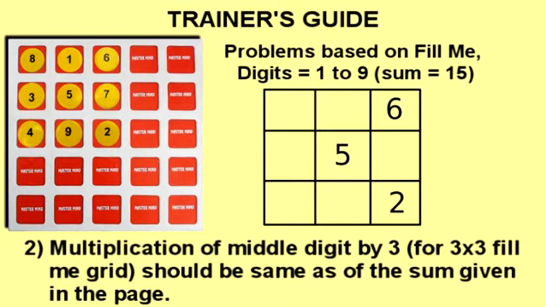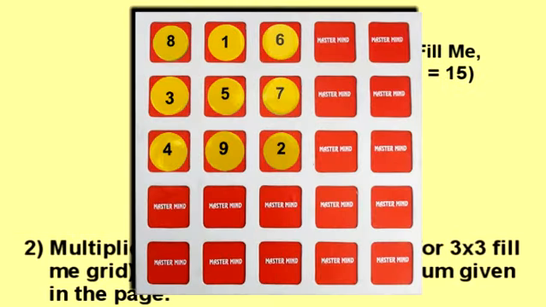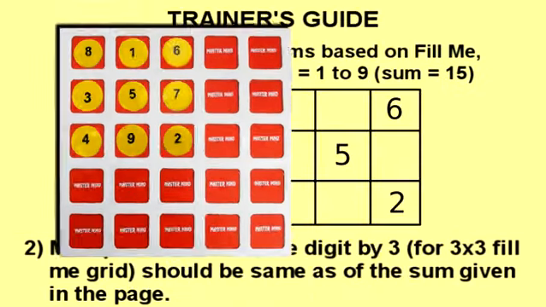Our second condition says multiplication of the middle digit by 3 for a 3x3 filmy grid should be the same as the sum given in the page. You can see the digits are from 1 to 9 and the sum is 15. Now this is our completed filmy grid.